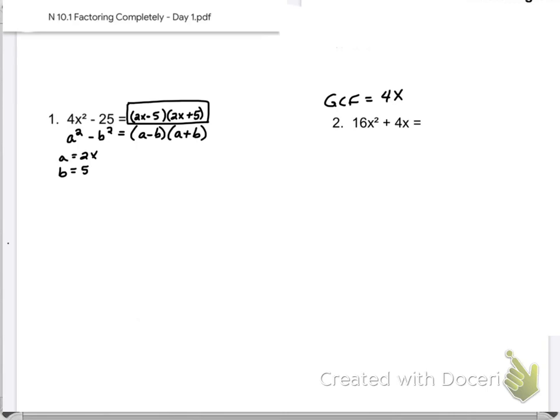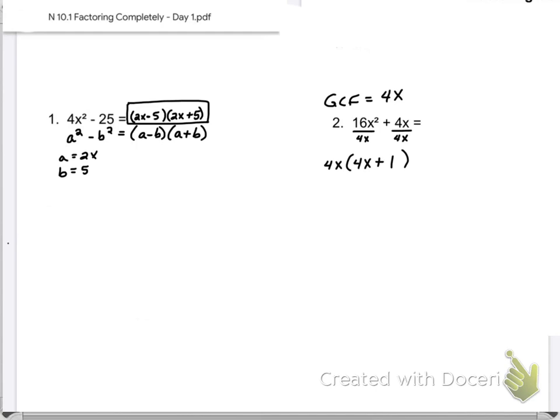So if I divide each of these by that common factor, which is 4x, you're going to write your greatest common factor in front, and then what you get when you divide is what goes in parentheses. So 16 divided by 4 is 4, and then x squared over x is x. And then 4x over 4x, anything over itself, is 1.